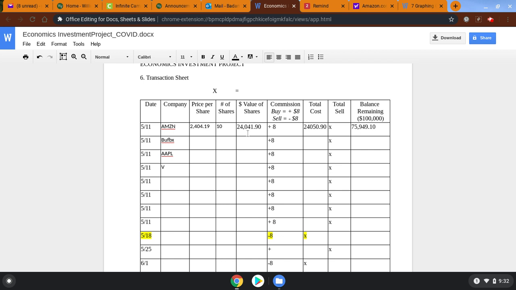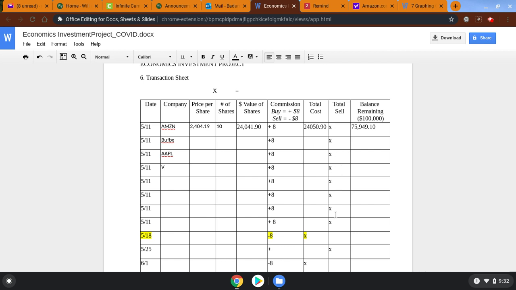So in this case with Amazon, the stocks cost $24,041.90. But you also have to pay an additional $8. So 8 plus that equals $24,050.90. Okay, we're going to put an X in this sell column because we're not selling, we're buying.